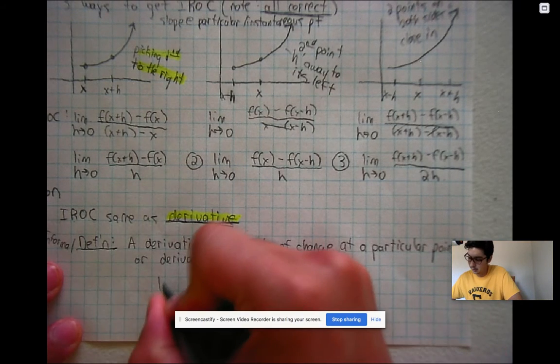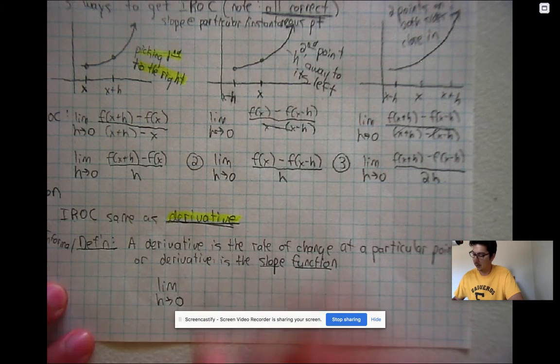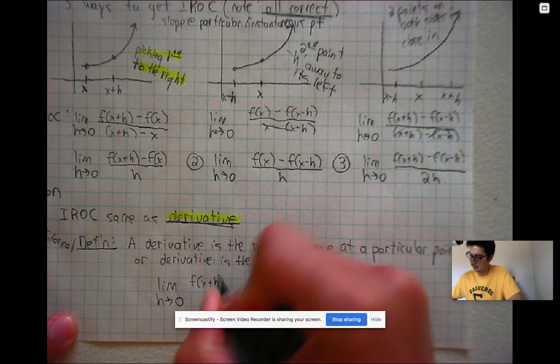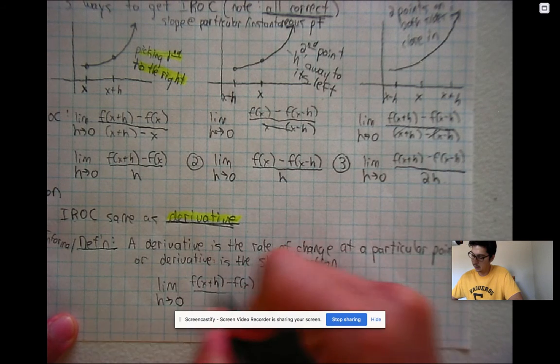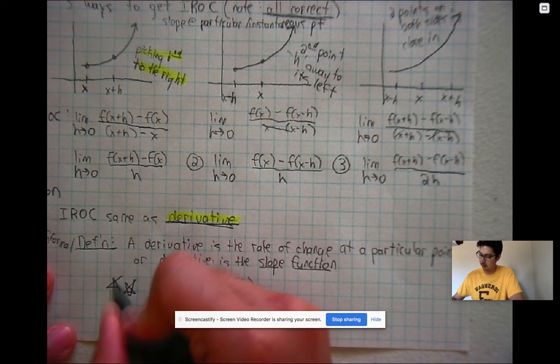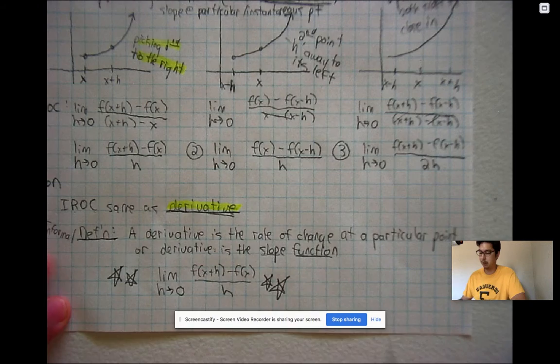And what they always use here is the definition: the limit as h approaches 0 of f of x plus h minus f of x over h. And this right there is the formal definition of the derivative.